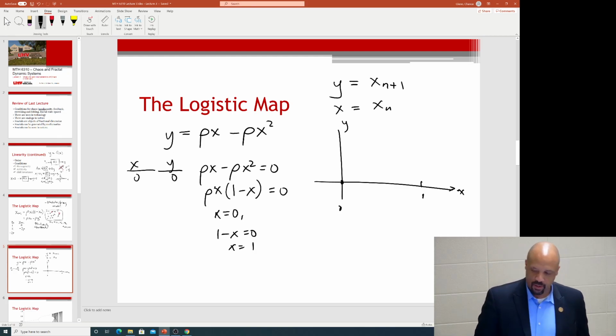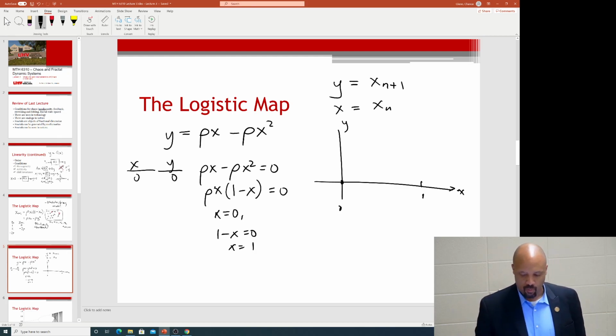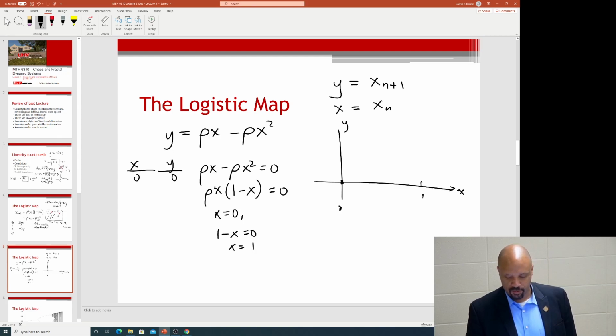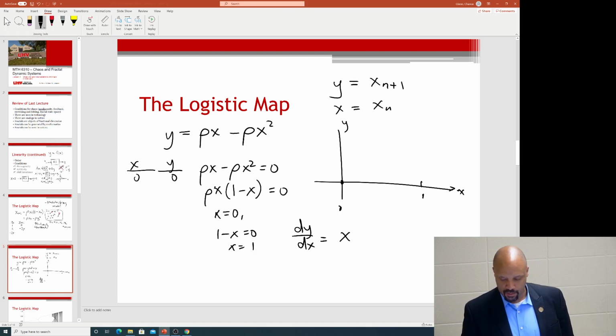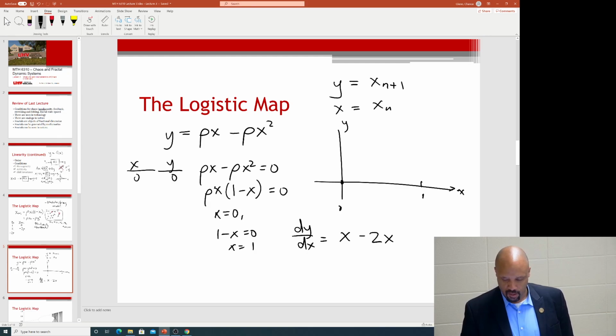So now the question is, does this map go up positively or negatively? Well, we can figure that out. Remember, we picked where's the peak or trough. We can find that out by differentiating it. So dy/dx is going to be equal to x minus 2x, and, well, rho, right?